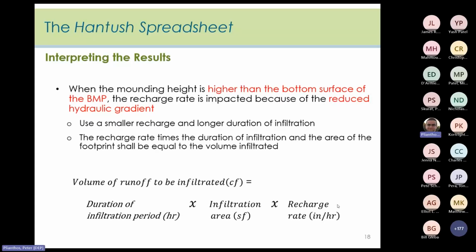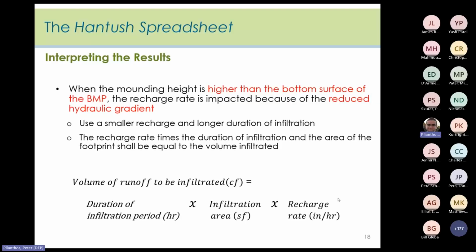If you get a resulting mounding height that is higher than the distance between the basin bottom and the seasonal high water table, you do not get an artesian condition. It means the recharge rate is adversely impacted by a reduced hydraulic gradient and will be slower. That means you'll have to run the spreadsheet again after you make some changes.